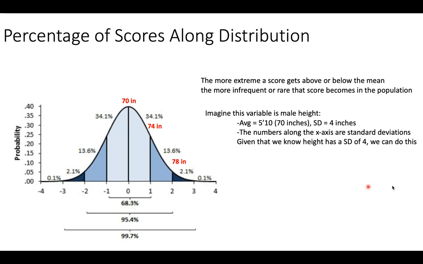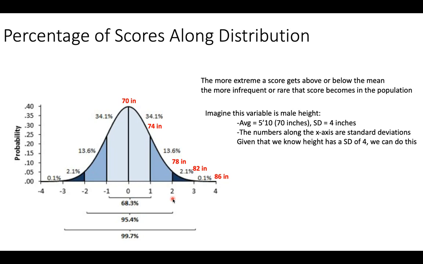Men who are 2 standard deviations above the mean, we added 4 inches here because our standard deviation is 4. And we're going to add another 4 inches such that men who are 2 standard deviations above the mean are 78 inches, or that comes to 6'6". We could keep going. 3 standard deviations is 6'10", or 82 inches. And 4 standard deviations is 7'2", or 86 inches.